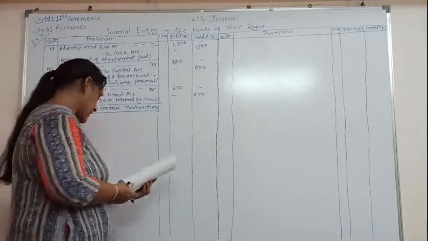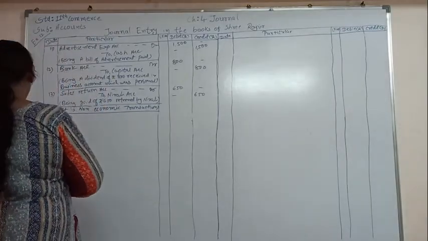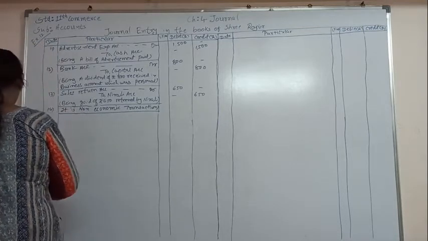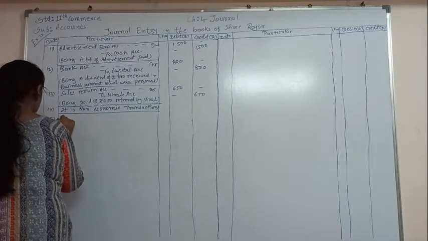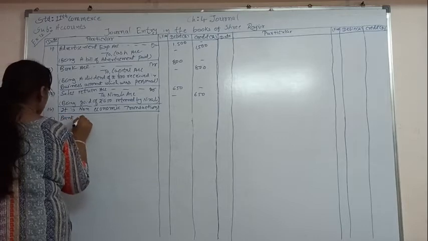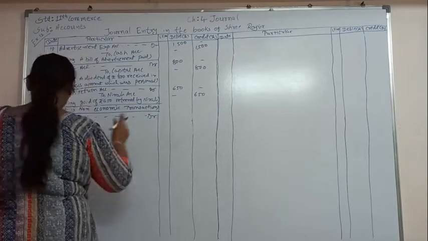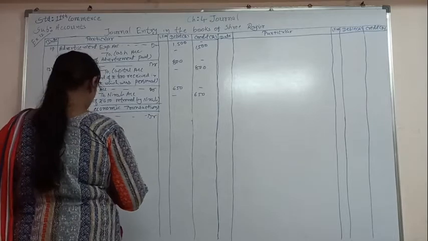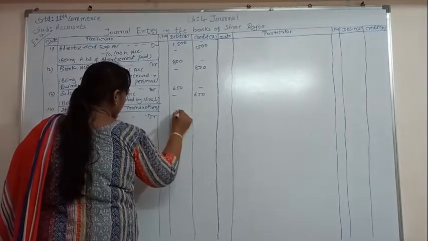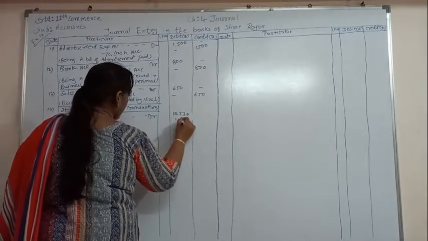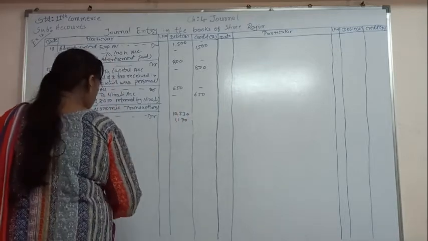So the journal entry for date number 15: bank account debit because he has given us a cheque, and the cheque will be of 10,530 as we have given him a discount of rupees 1,170.